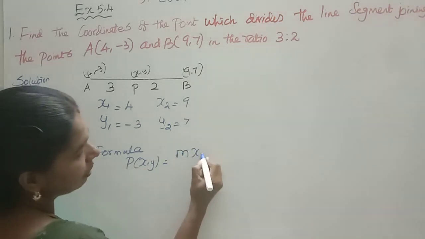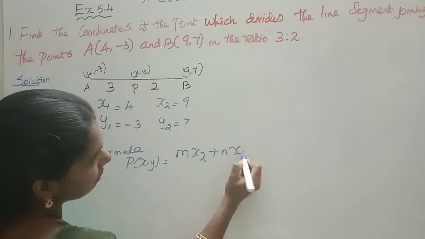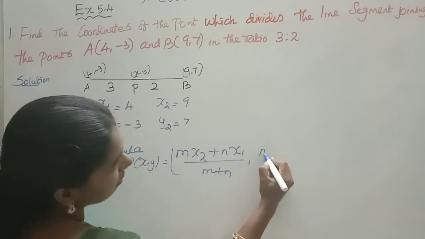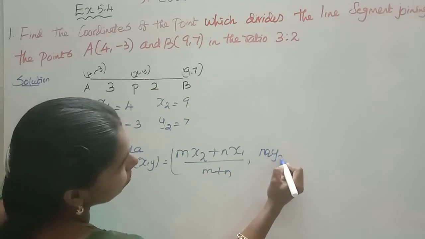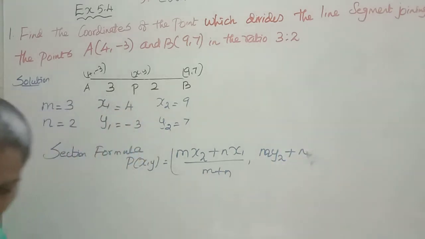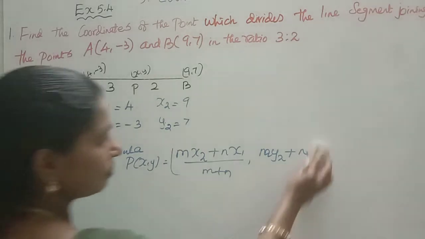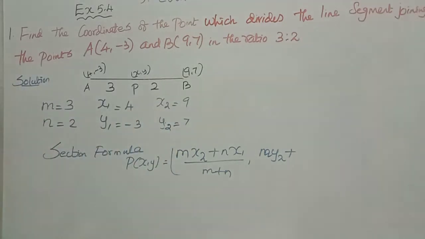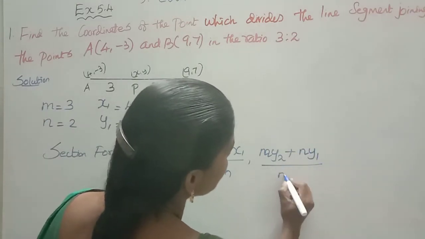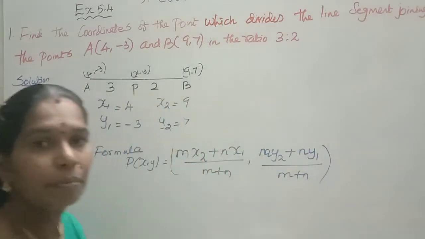mx2 plus nx1 by m plus n, comma, my2 plus ny1 by m plus n.